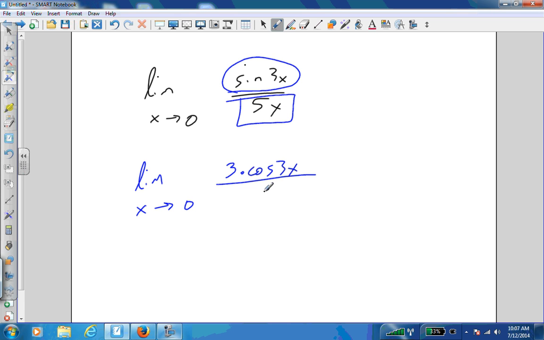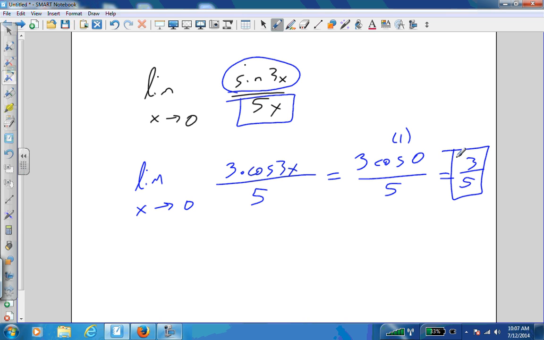We take the derivative of the denominator, that's just 5, and when we take that limit of this, cosine of 0, remember that's 1, so we have 3 times 1 over 5, which for the most part is much easier than what we did when we had to do a change of variable and we had to remember that formula, that sine of x over x is 1. If we know that this is indeterminate in its present form, just take the derivative of the numerator, take the derivative of the denominator, and get an answer.